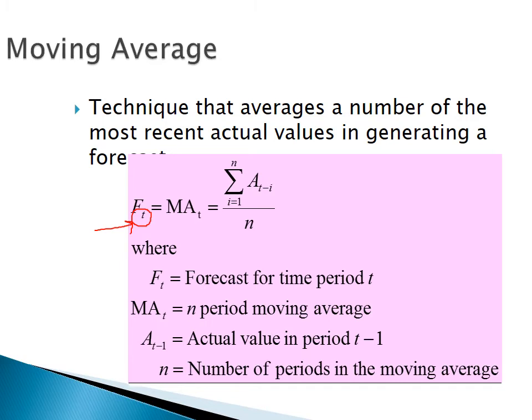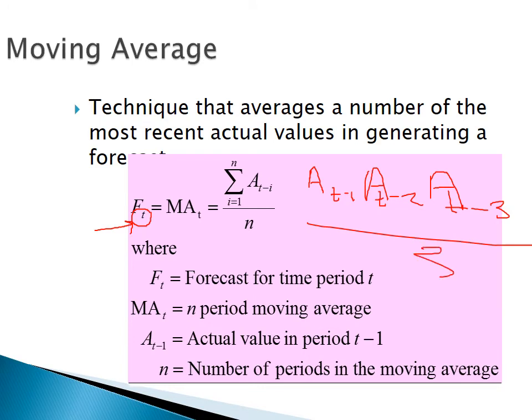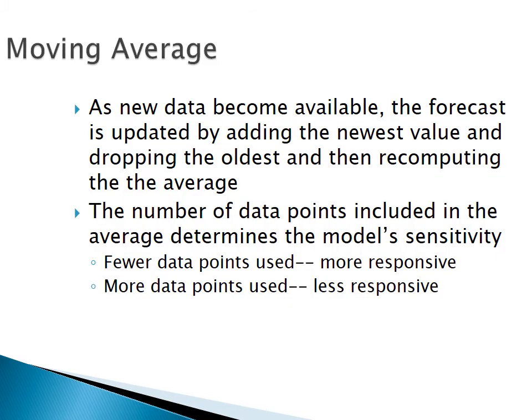So we average those actuals, and that is the forecast for time period T. So it can be T-1, T-2, T-3. So we have A here, and we average it, and then try to forecast what will happen in time period T.